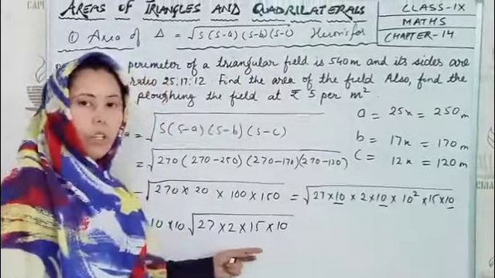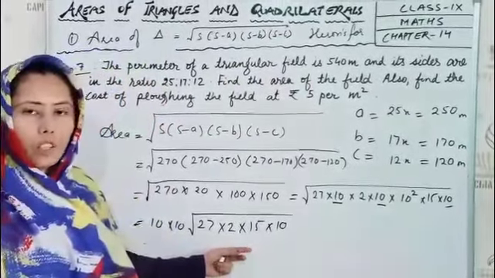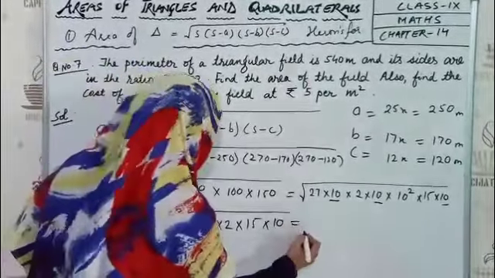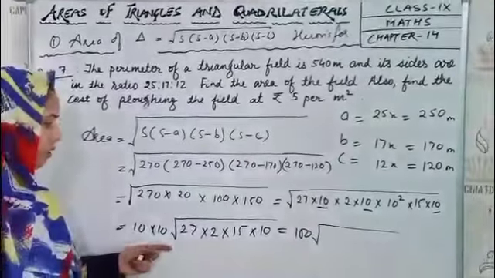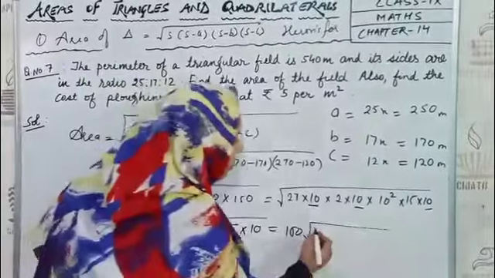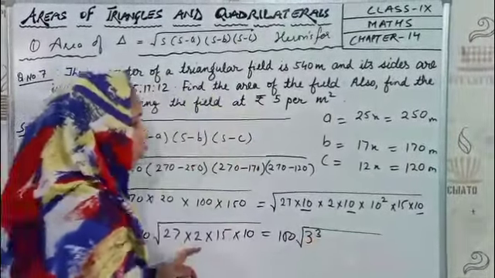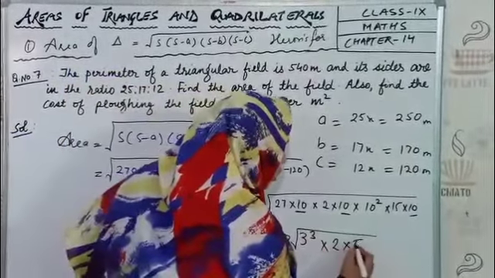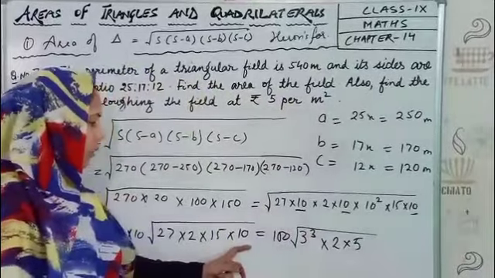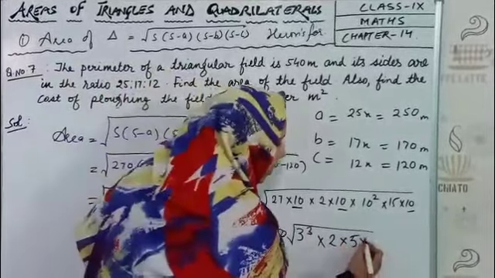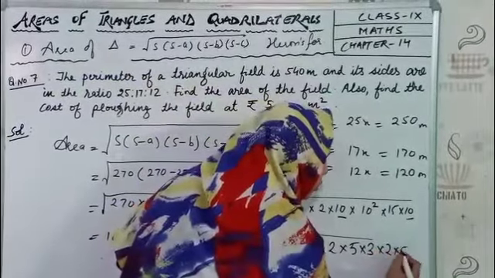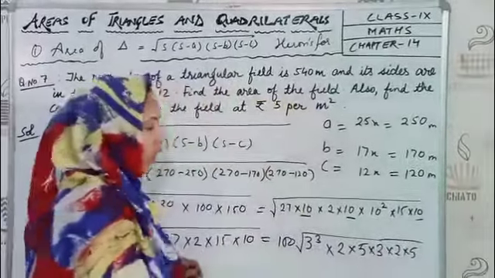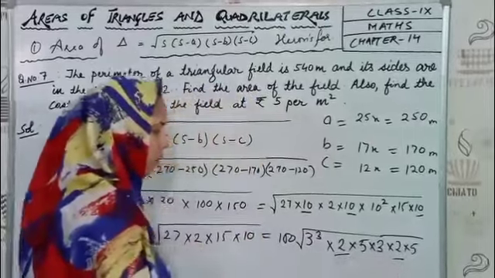Now we will again make factors of these numbers. So you will get 10 into 10 is 100. 27 is 3 cube. 2 into 5, and 15 is 5 into 3 and 10 is 2 into 5. Now you will get two 2s.